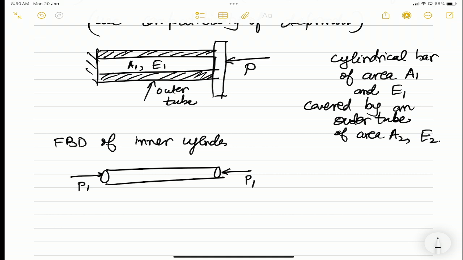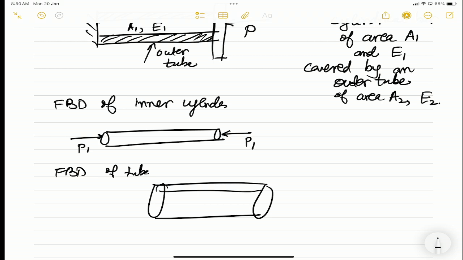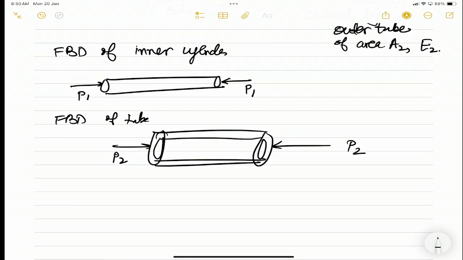So if I draw the free body diagram of the inner cylinder, I get it like this, and free body diagram of the tube gives me a load P2 like this. And this is what statics tells me, that the sum of P1 and P2 has to be equal to P.